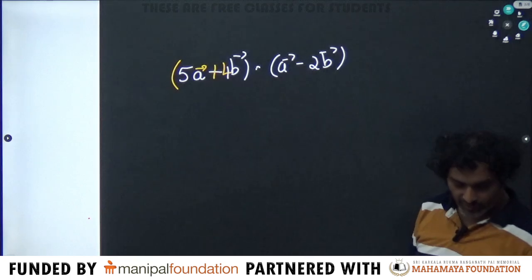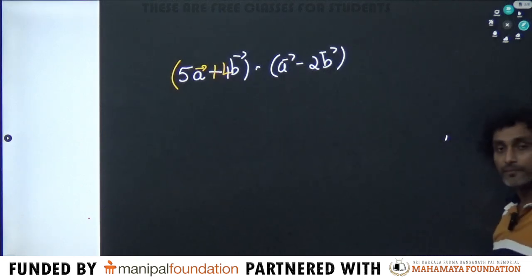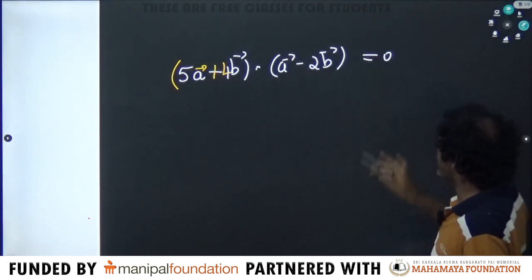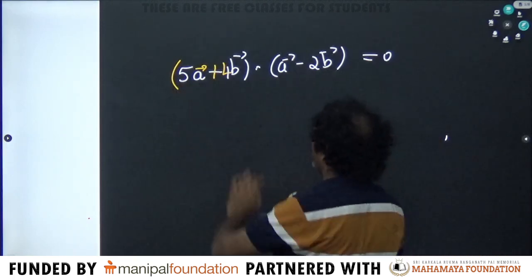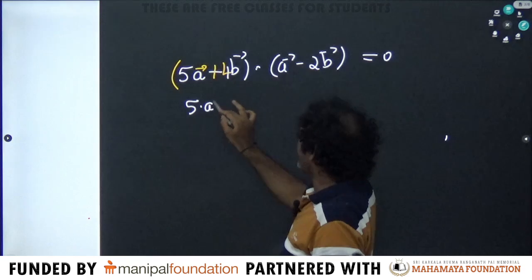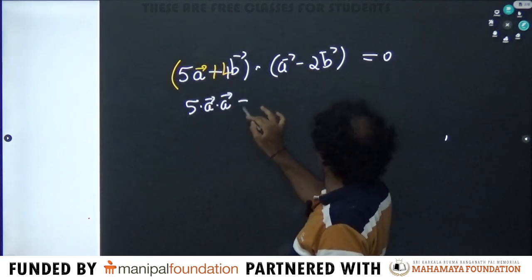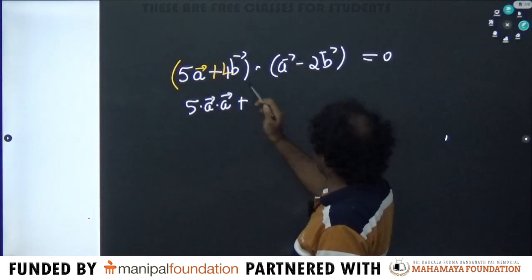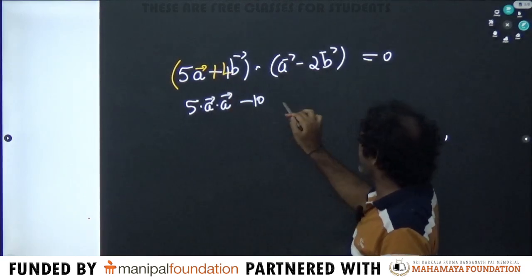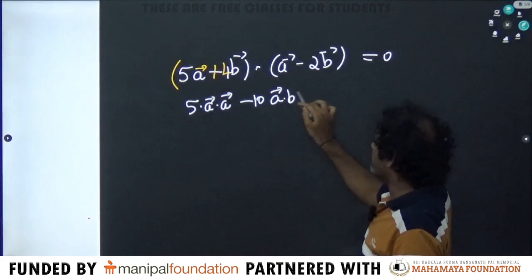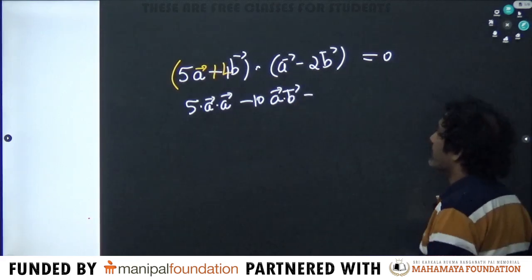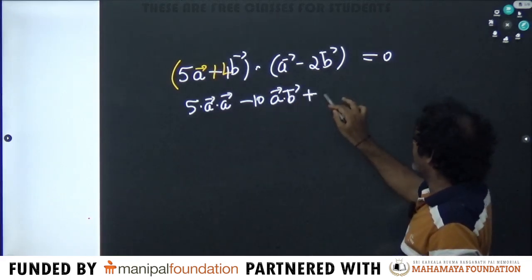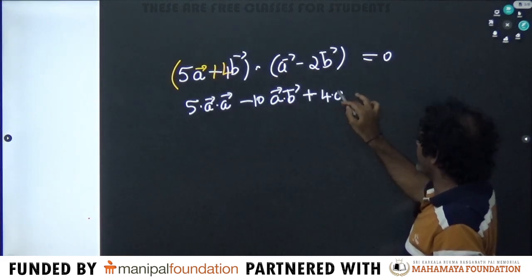Perpendicular means the dot product should be 0. Carefully multiply: 5 into a vector dot a vector, plus 5 into minus 2 makes minus 10 a vector dot b vector. Then 4 into b vector dot a vector.